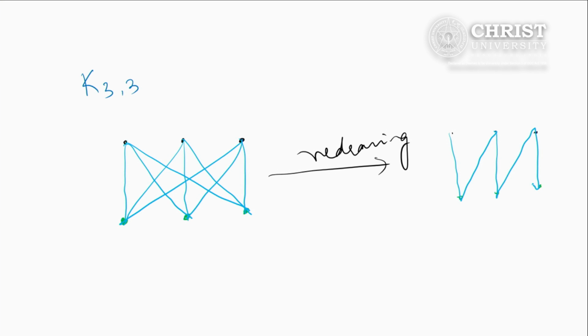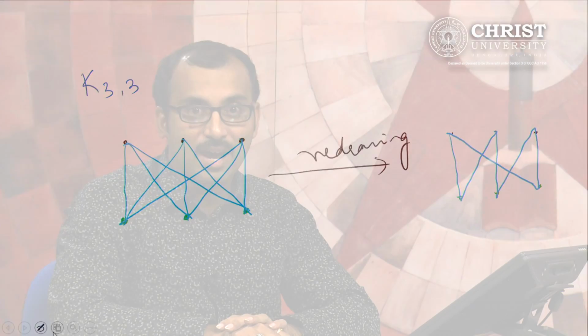But in this graph we miss 3 edges, because in the original graph every black vertex had an edge to every green vertex. In this graph each black vertex is missing 1 edge to a green vertex. That means we have 3 more edges to go in, and they are the diagonal edges in that Hamilton cycle.